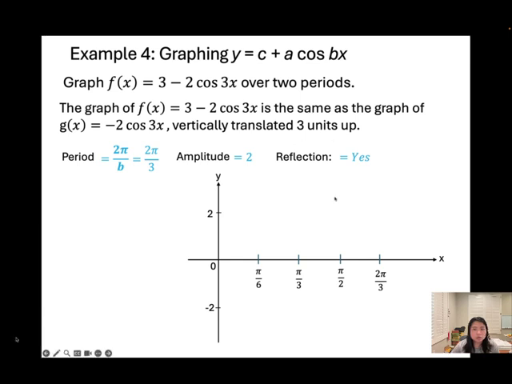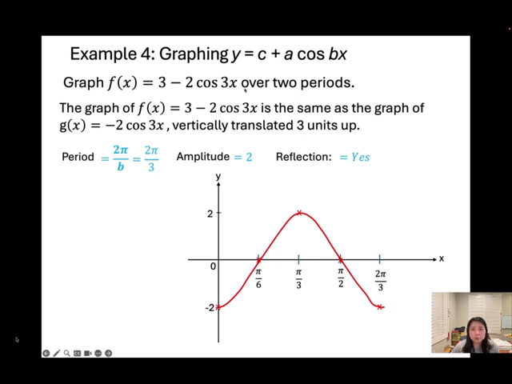Okay, so they do have the reflection. So the first point will be 0 and negative 2. And then pi over 6, 0, pi over 3, 2, pi over 2, 0, and 2 pi over 3, negative 2. We join all these points together.